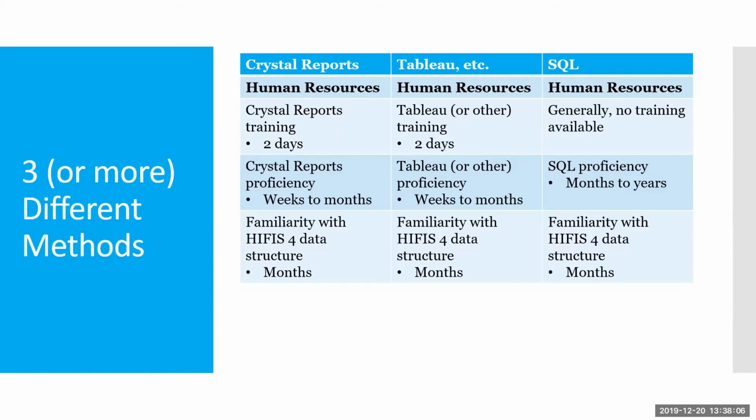So it'll ask you, how many sales did we make last month, or who's the top performing salesperson, and then you leave the training and you say, okay, but where is the data stored in HIFIS? So familiarity with the HIFIS 4 database, where to find the data you're looking for, that is something that can take months for you to become accustomed with.